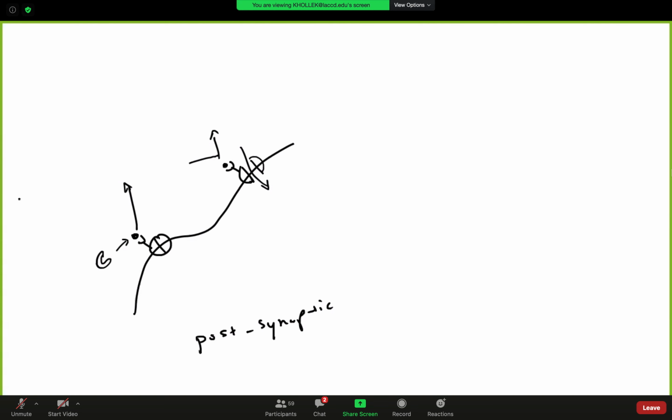Now, we also mentioned that the neurotransmitter, once it's broken down, can be reuptaken back into the presynaptic neuron, and again put into the vesicles, ready for the next action potential to come in to do the exocytosis.